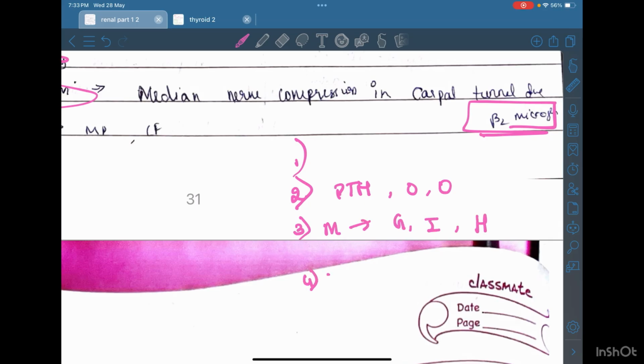Then endocrine: hyperprolactinemia, high LH, abnormal growth hormone secretion, oligomenorrhea or amenorrhea. Then in males it causes decreased testosterone, then abnormal thyroid function.